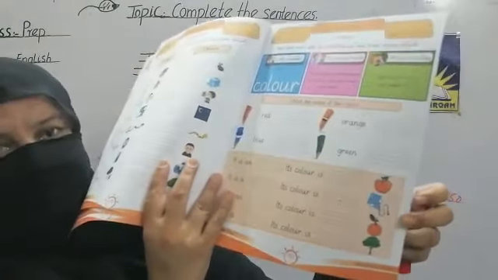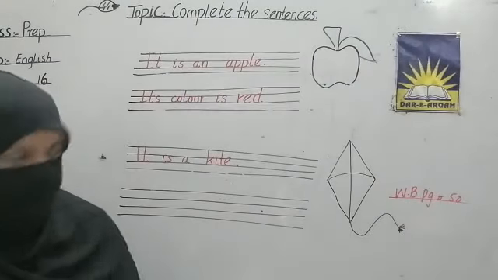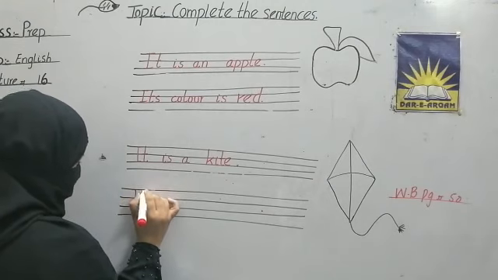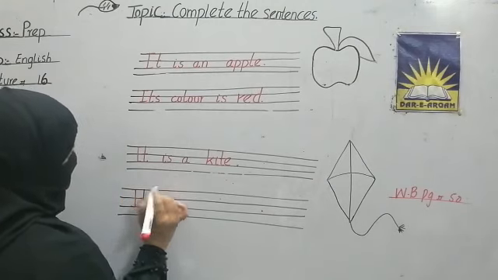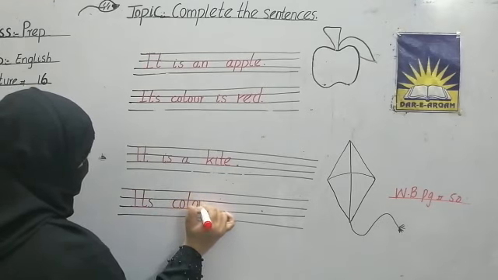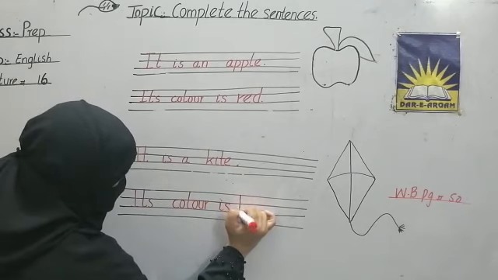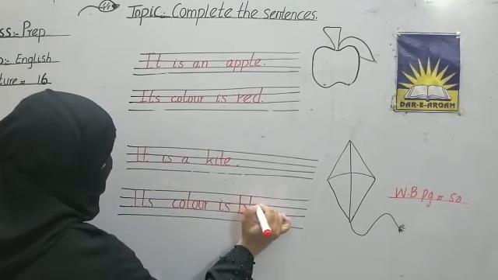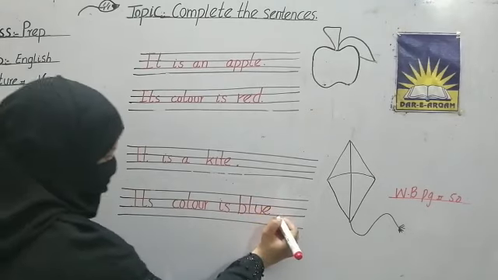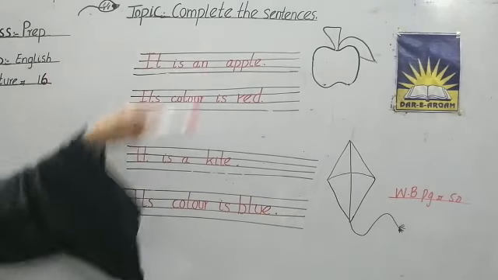Its color is blue. Good. Its color is blue. And at the end we mark a full stop. Okay. Topic: complete sentences.